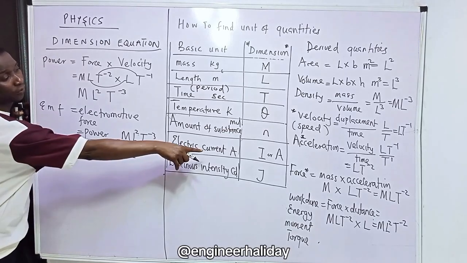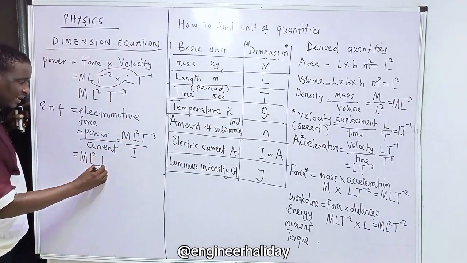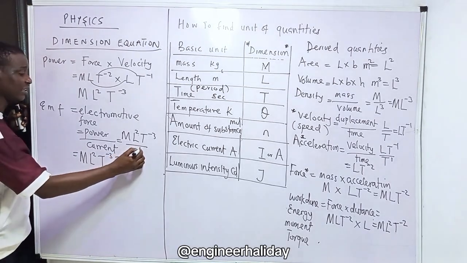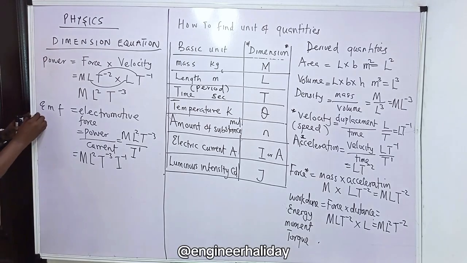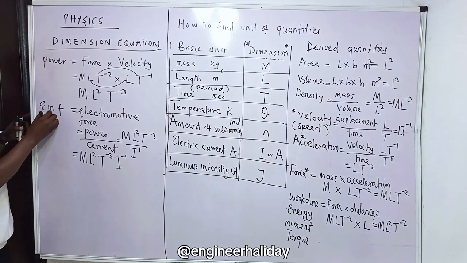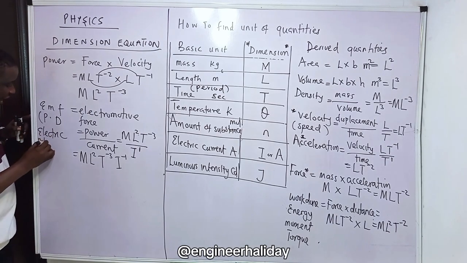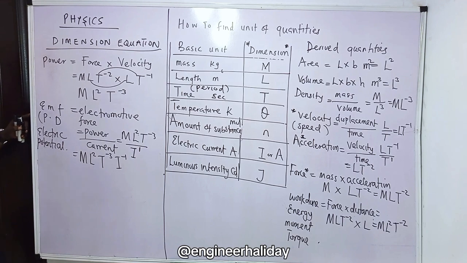Current is I. Don't forget its dimension, which will give us ML squared T minus 3 I raised to minus 1. If this I goes up, it becomes minus 1. Don't forget it is the same thing as potential difference, PD, and the same thing as electric potential. So if they ask for the dimension of electric potential, all of them have the same dimension.